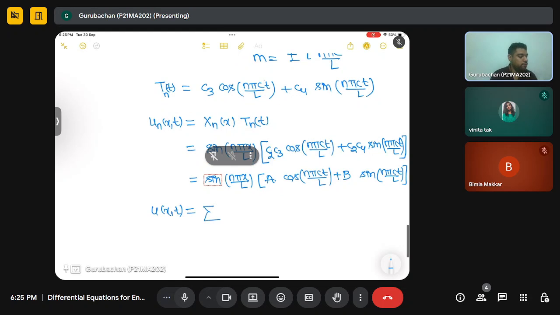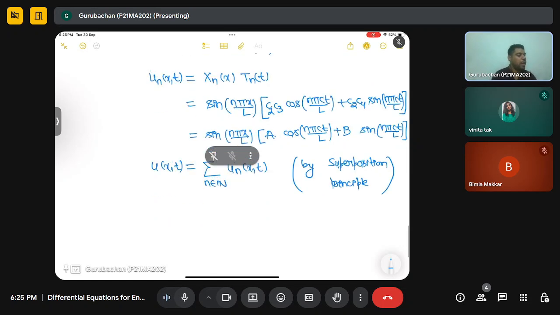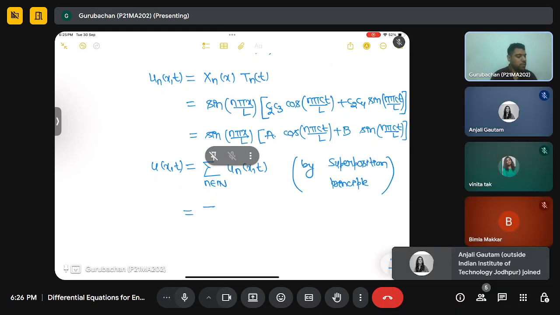By the superposition principle, you have to add all of these, so that means this will be a series, n from 0 to infinity, of this quantity.